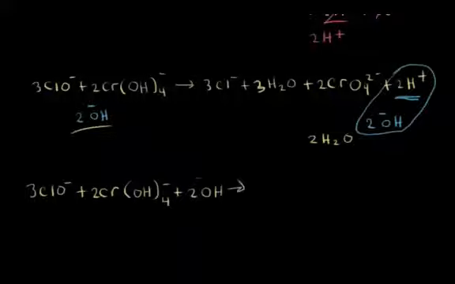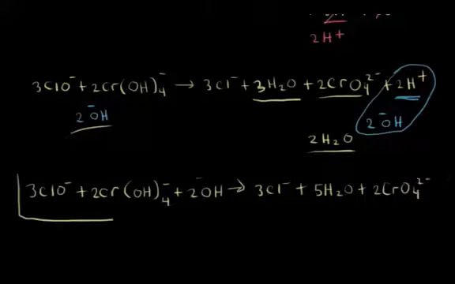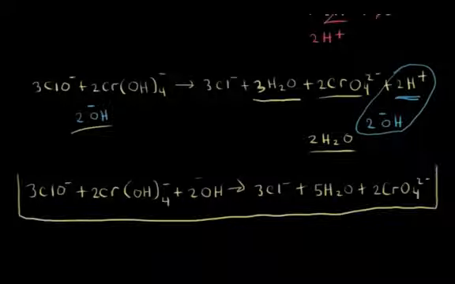And then on the right side we have 3Cl minus plus, well, over here we have 3 waters, and we just made 2 more, and so we really have a total of 5H2O, and then once again we have the 2 chromates over here, so 2CrO4 2 minus. And that should take care of everything. So we can go ahead and box our final answer.